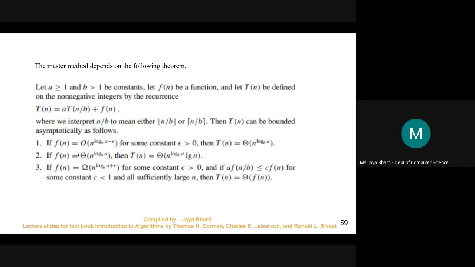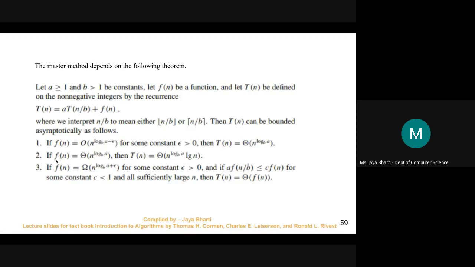If this condition is true, then T of n will be theta of n to the power log a base b. Basically you need to check which one is the bigger one. If this is bigger, then the solution will be this one.